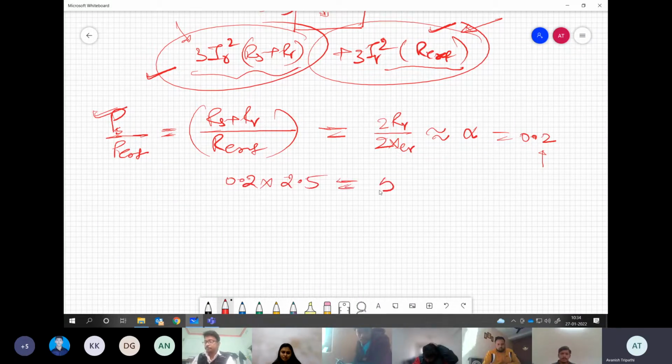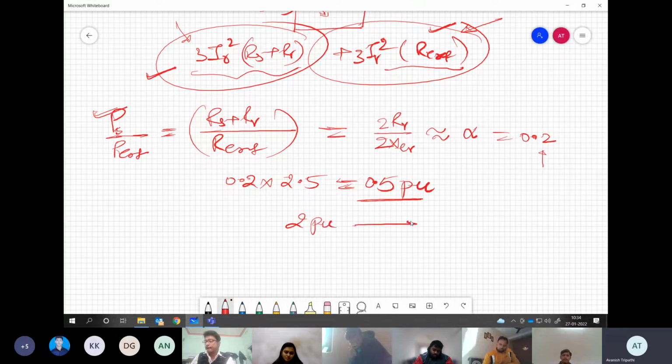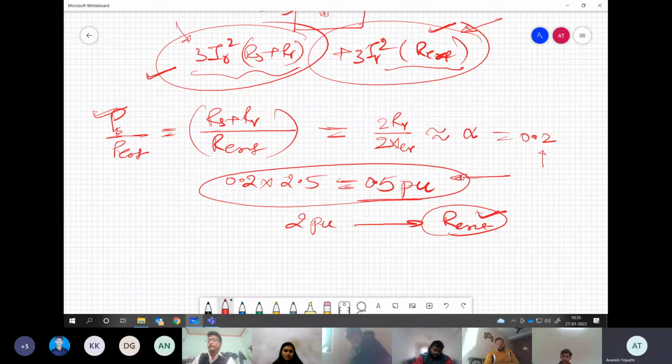So how much will this be? 0.5 per unit. This is what is basically going in our motor as loss. The rest, 2 per unit, is going into R external, getting burned over there. So it is all right. We have cut down the power which was getting burned in the motor as well. Correct? You understand the point here?